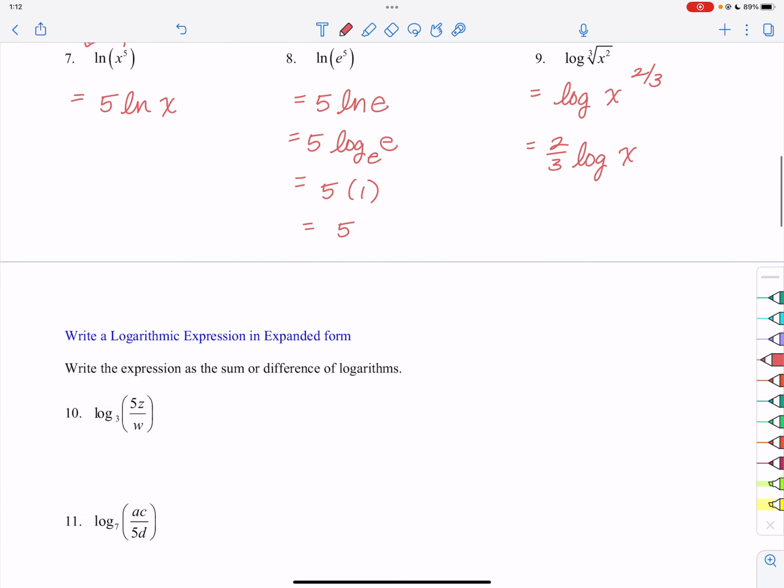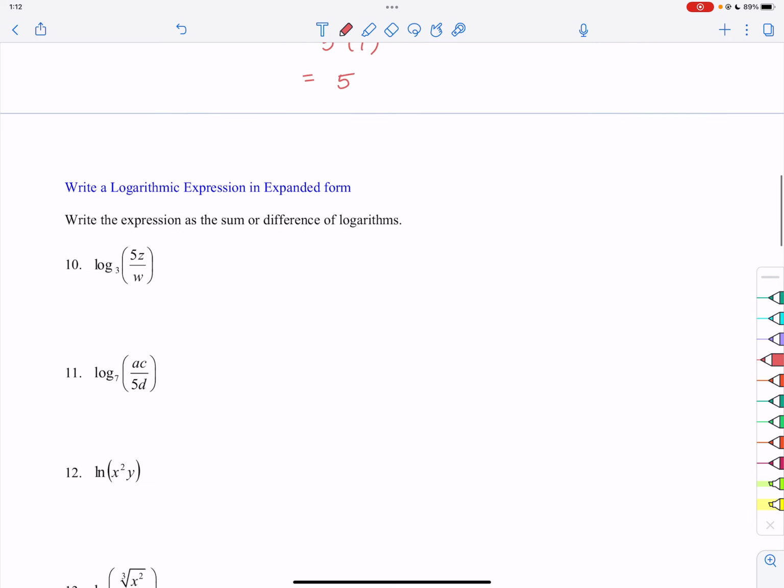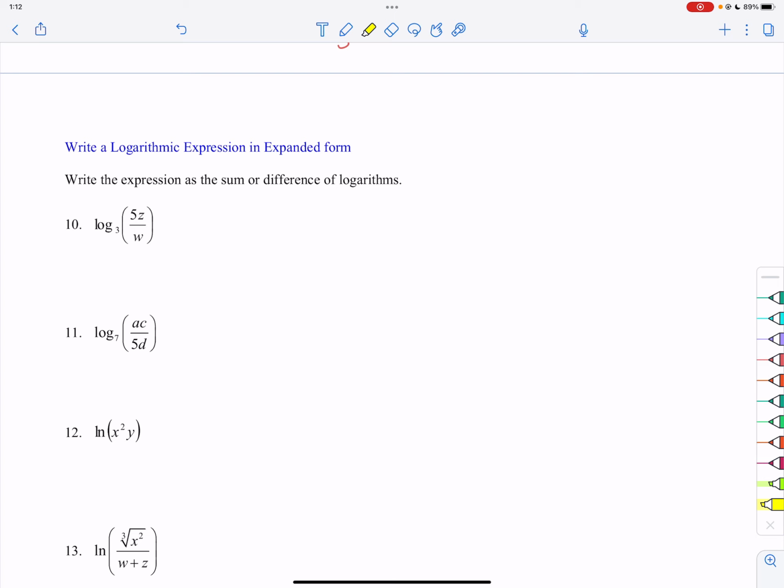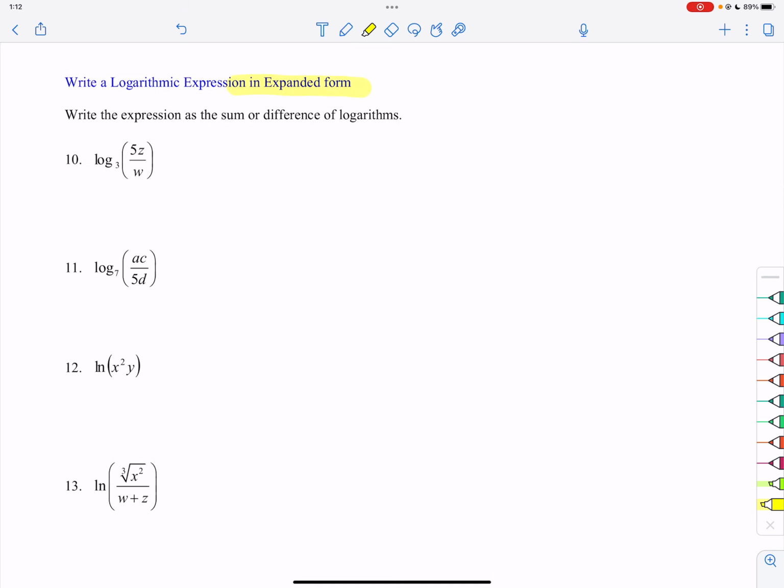Okay, now we're going to use these properties to expand and also compress expressions of logarithms. So here we're going to be expanding using our properties. So as you can see here, we have the log of a quotient, and we also have the log of a product.